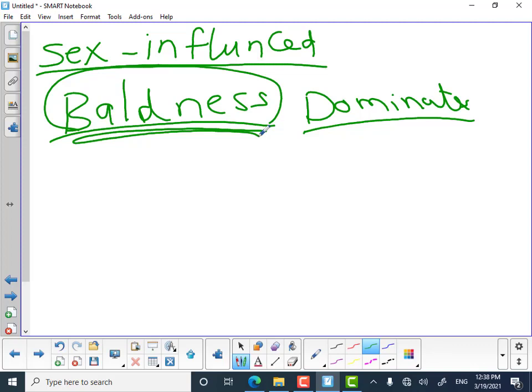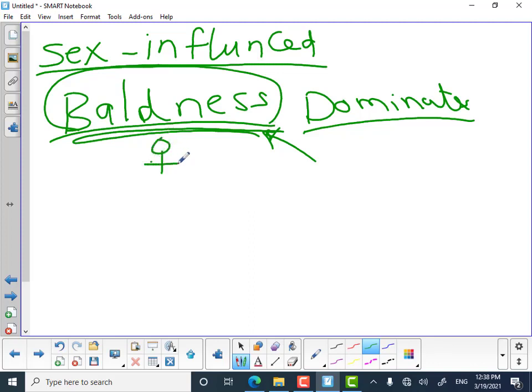But the female, if she carries the baldness gene, will suffer from only a little loss of hair, unlike the man who loses his hair completely. Okay, we will show this in an example.